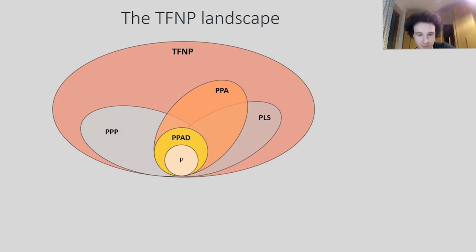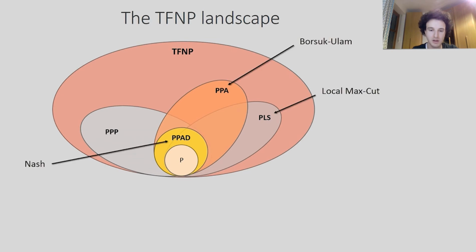So here I've put some of the main classes. The most famous ones are PPAD and PLS. PPAD is mostly known because the problem of computing a Nash equilibrium is PPAD complete. PLS has various local search problems that are complete for it, including finding a local max cut.